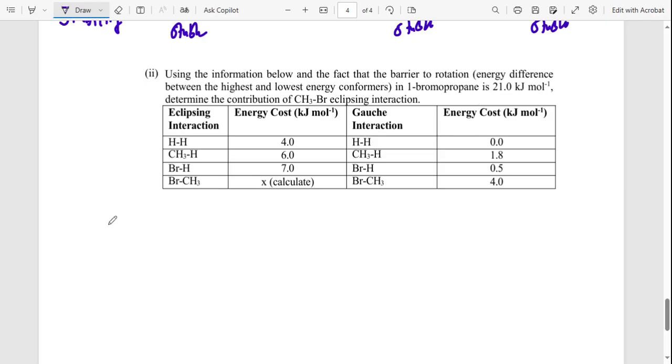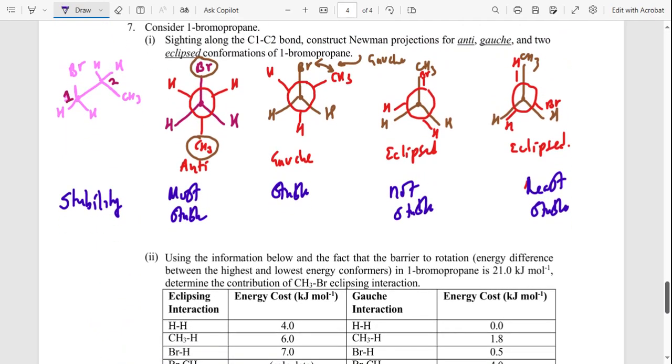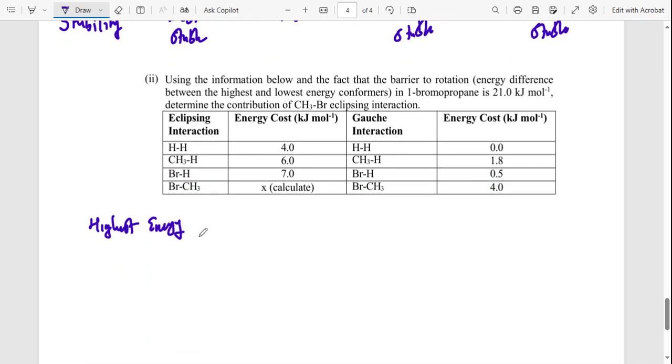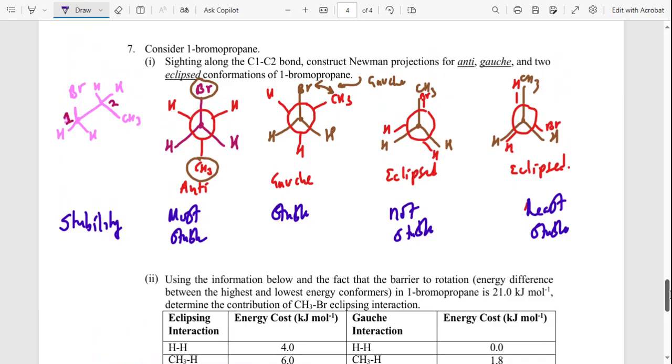So let's start with the highest energy conformer diagram. The highest energy diagram here is the least stable. What are the energies that it has? So number one, there is an eclipse. Where is the most unstable?